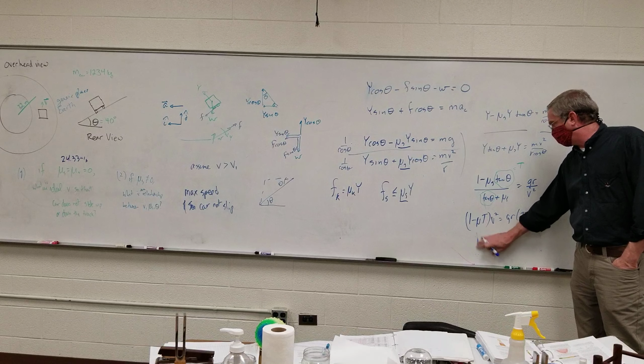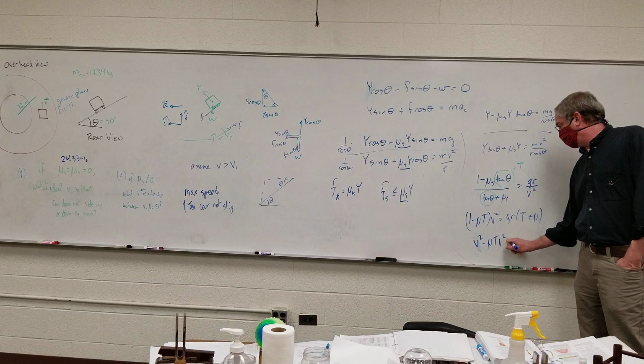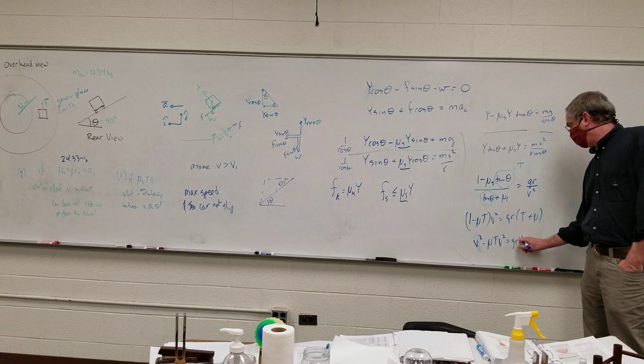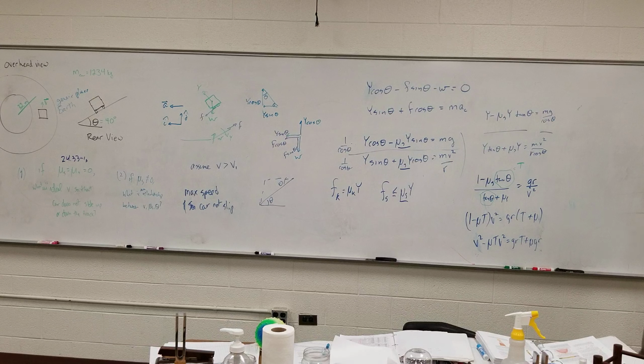So distributing, I get v squared minus mu t v squared is equal to grt plus mu gr. Get my t's together, get everything else on the other side. So we bring the t's over to the left, so I get v squared minus mu gr is equal to mu t v squared plus grt.